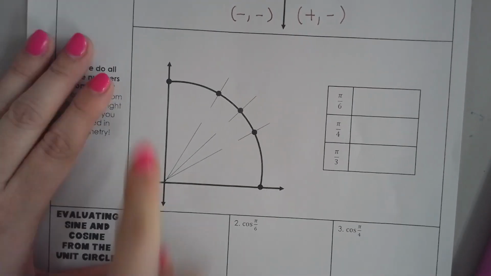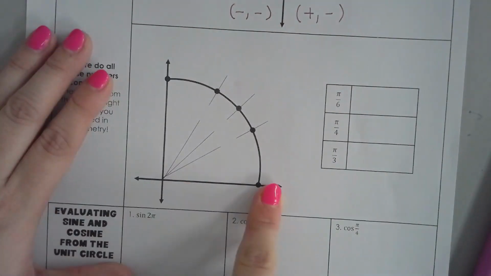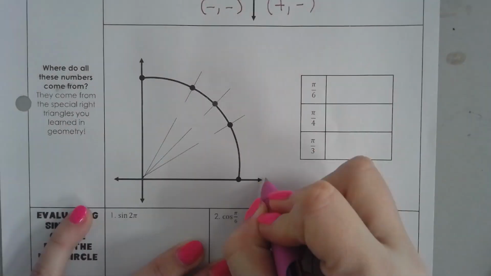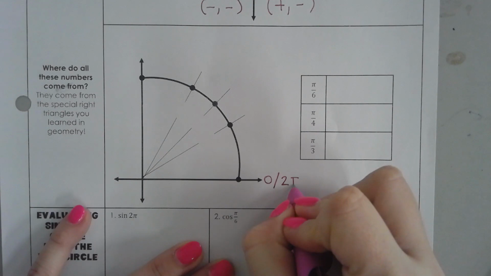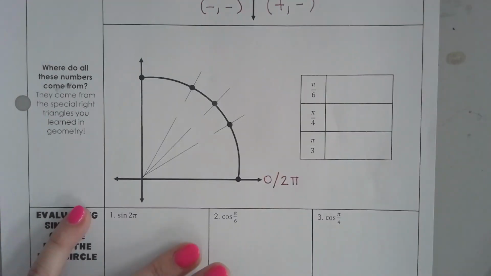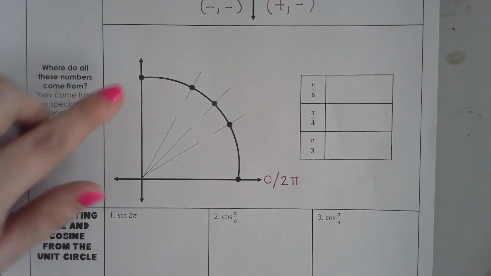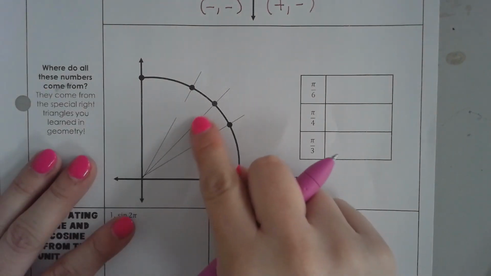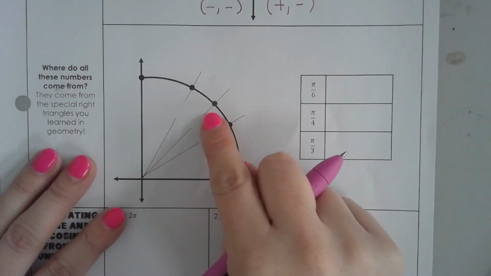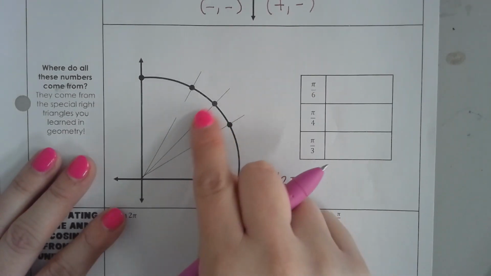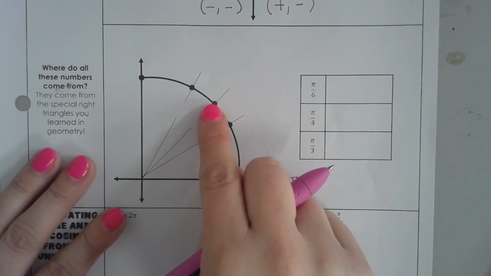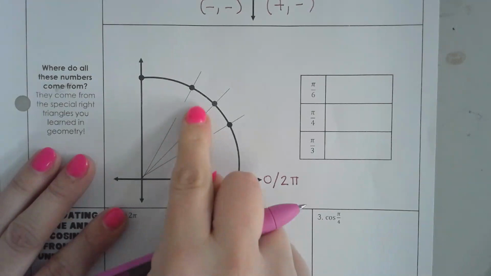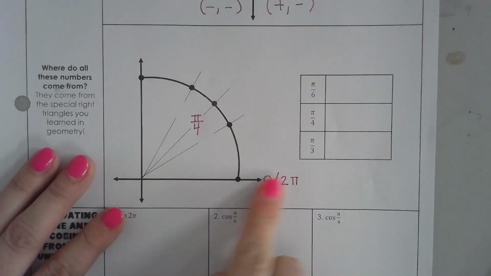So, this is the first quadrant. Remember, this one right here in the middle. Does anybody remember what this one is? Pi over 4. And now we're going to write, and I left that little blank space for us to write those.